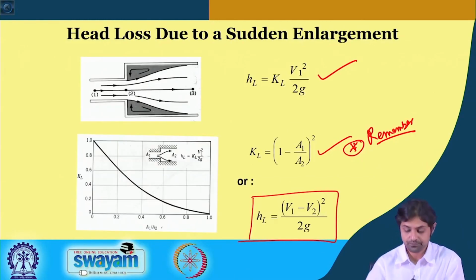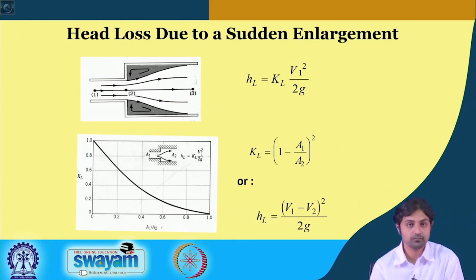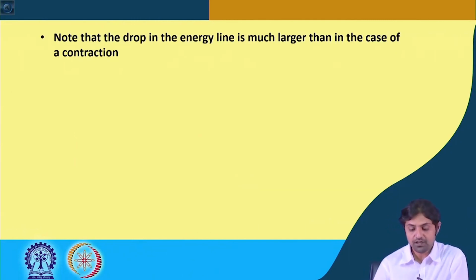This is also important. Now, you note that the drop in the energy line is much larger than in case of the contraction. Of course, you will see that, because in case of sudden contraction the KL was 0.5, whereas in case of sudden expansion KL is a full 1.